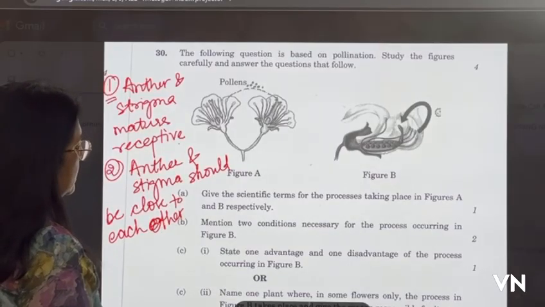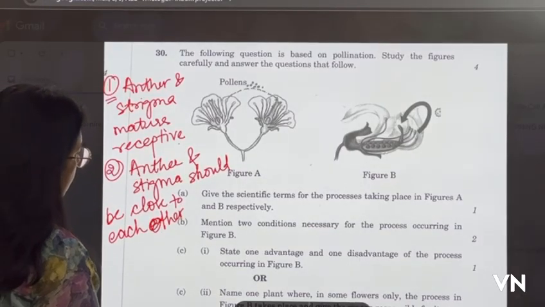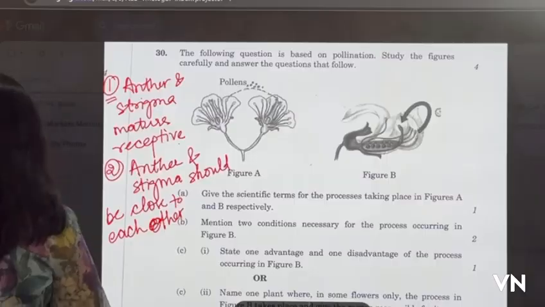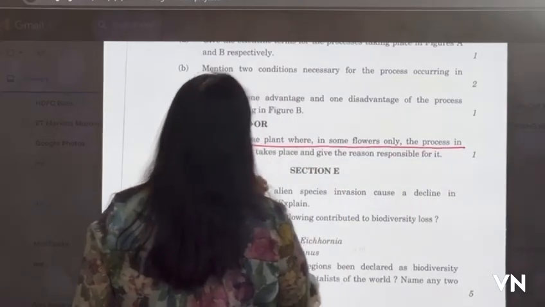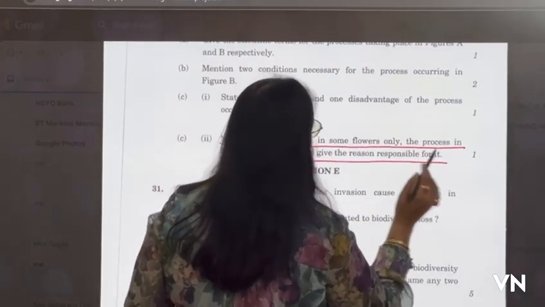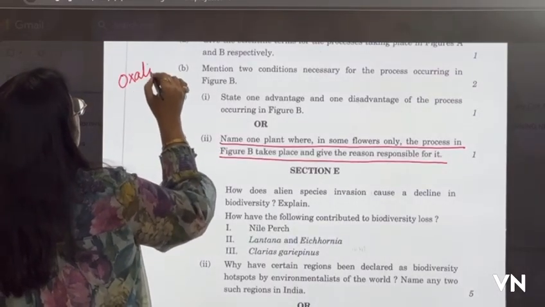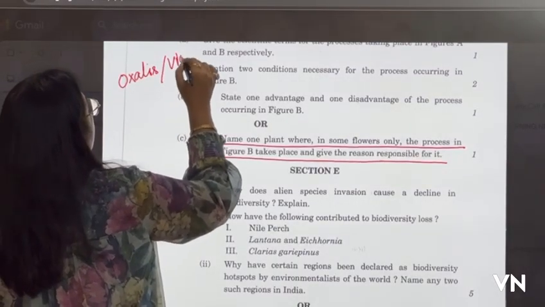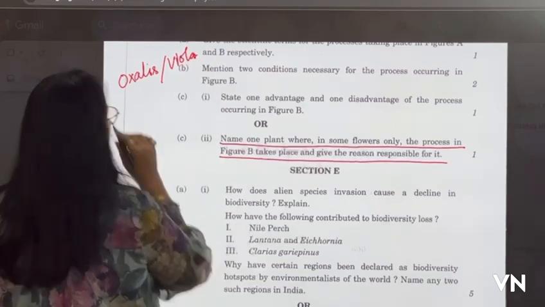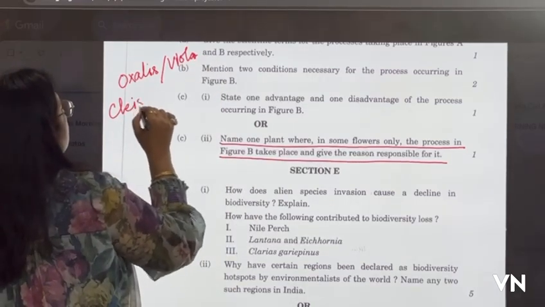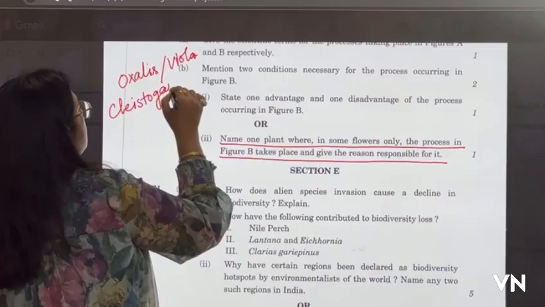State one advantage and one disadvantage of the process occurring in figure B. In some flowers only, the process in figure B takes place. Give the reason responsible for it. Examples, oxalis or viola. And the reason, presence of cleistogamous flowers.